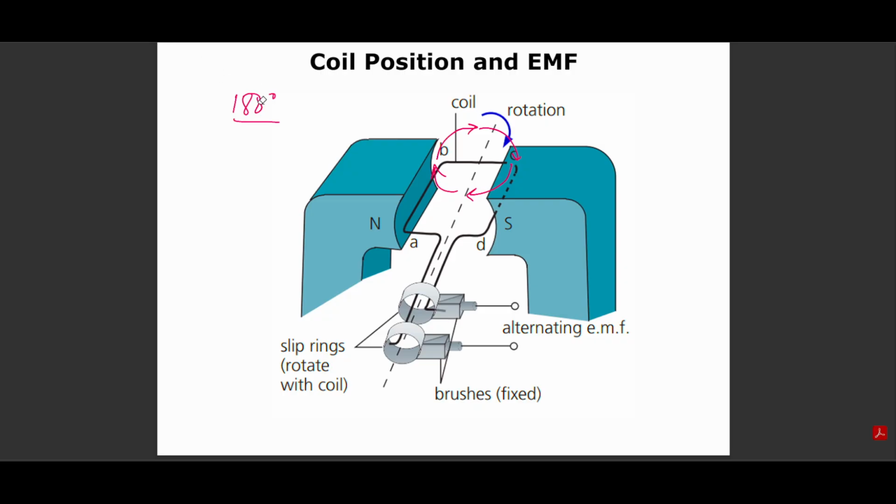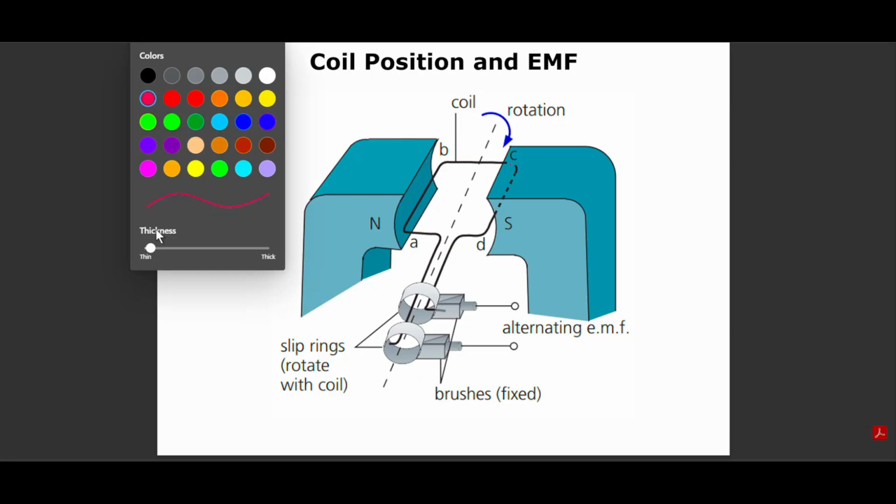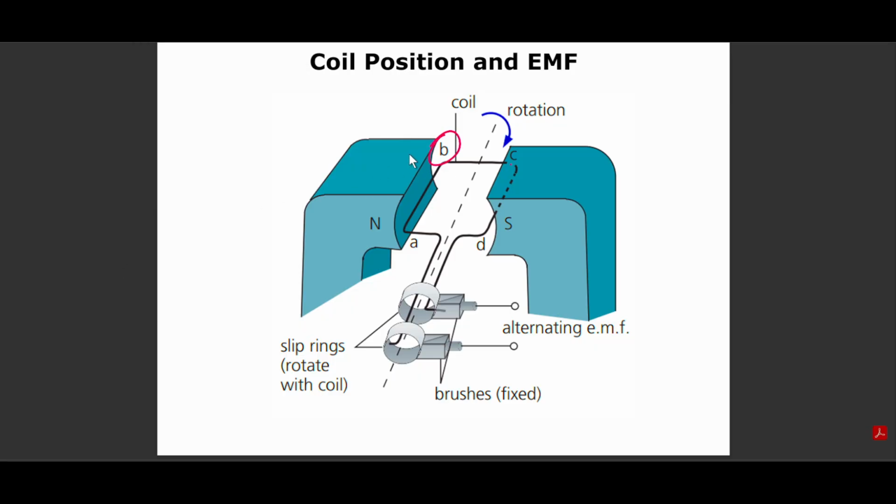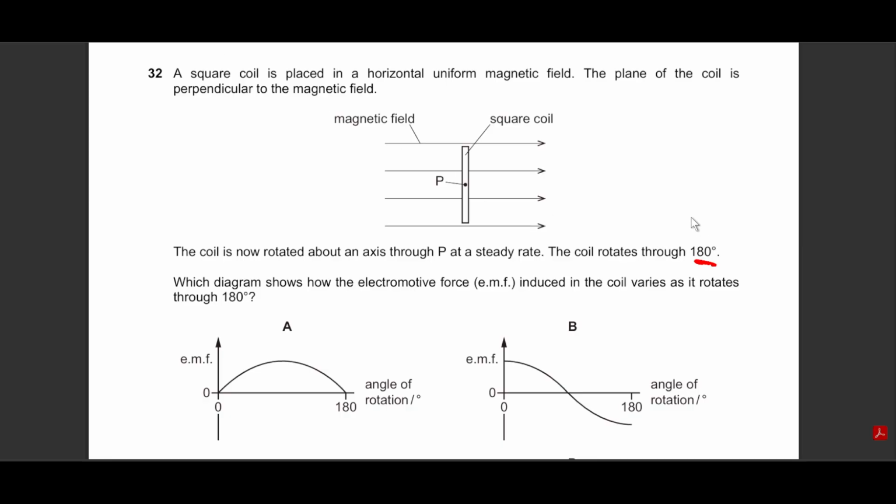It's not a full rotation. A full rotation would mean that if the left side has B in it, for example, if this is the starting point, then completing a rotation, B should come back to this position. So 180 degrees only means half a rotation. That's one thing that you need to keep in mind.